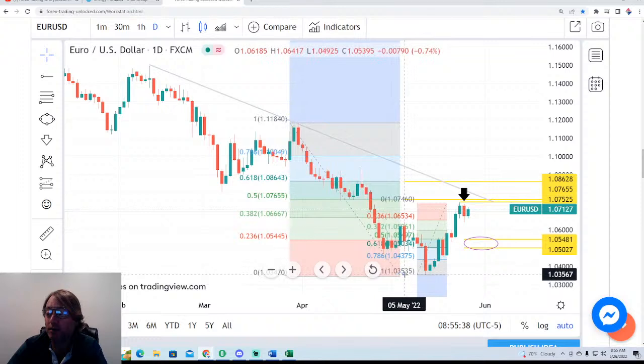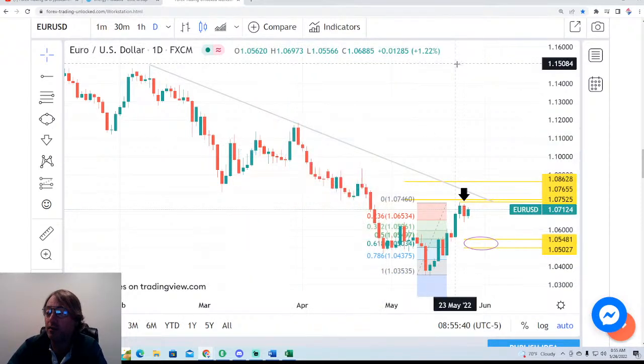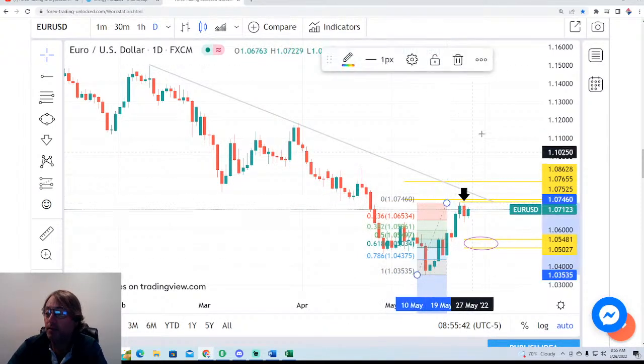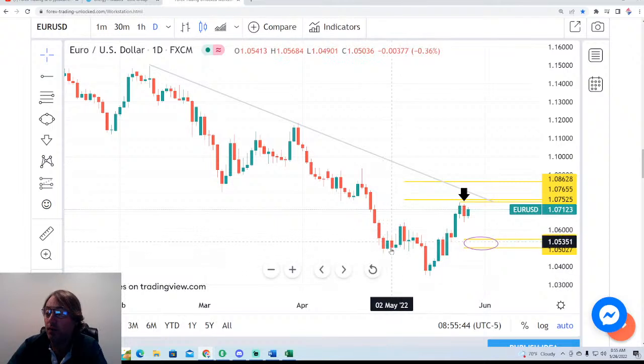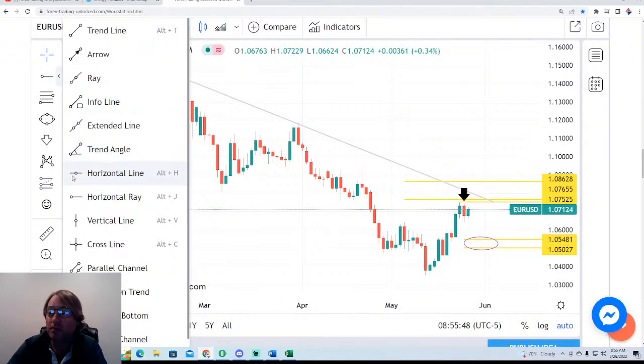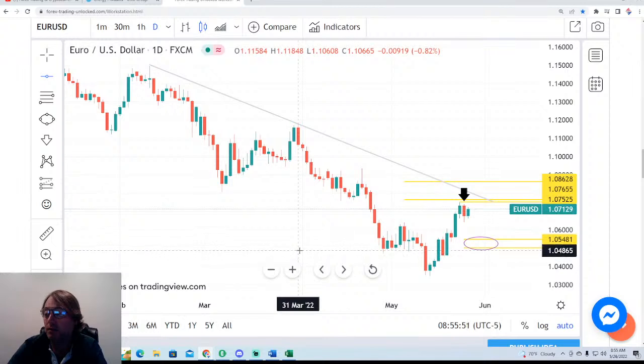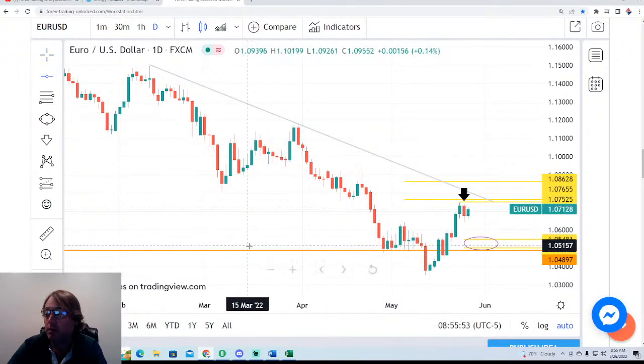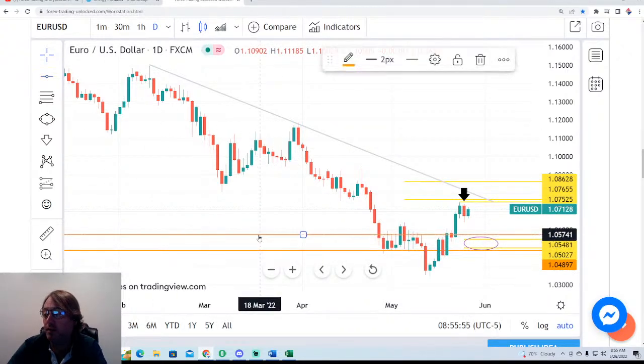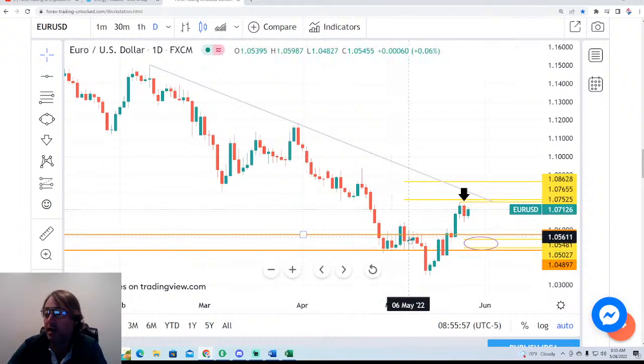Remember, over here, let me get rid of this. It's a little hard to see. Get rid of these fibs. All right, over here you can see how we have this support right here. So we already know that the euro US dollar likes this band between basically 105.70 and 104.90.